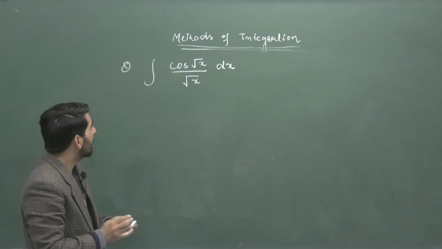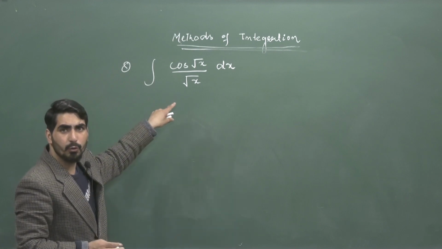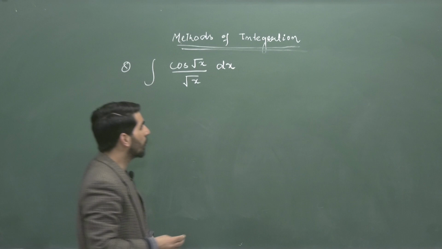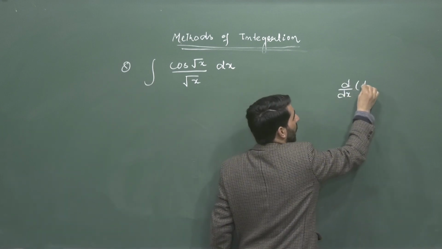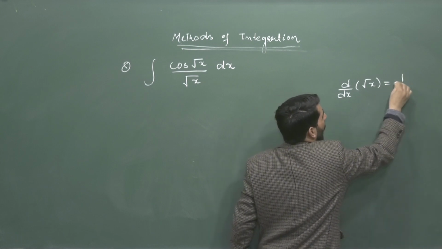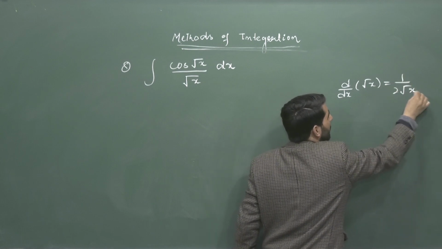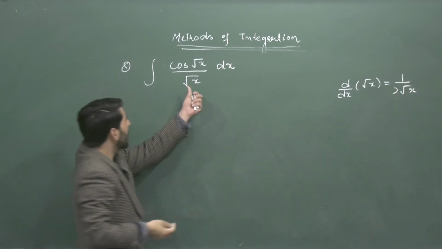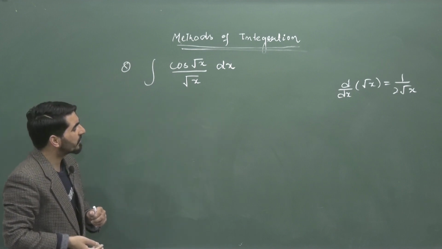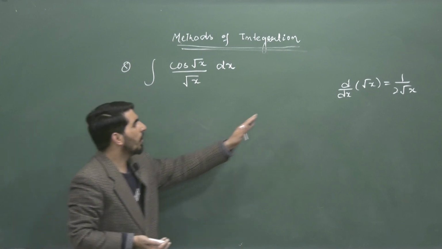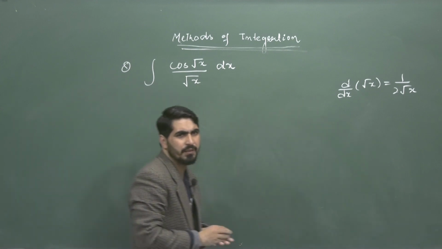Why? Because we know that the differentiation of root x is 1 divided by 2 root x. So, here we need root of root x. So, this gives me the best option to choose root x is equal to t.